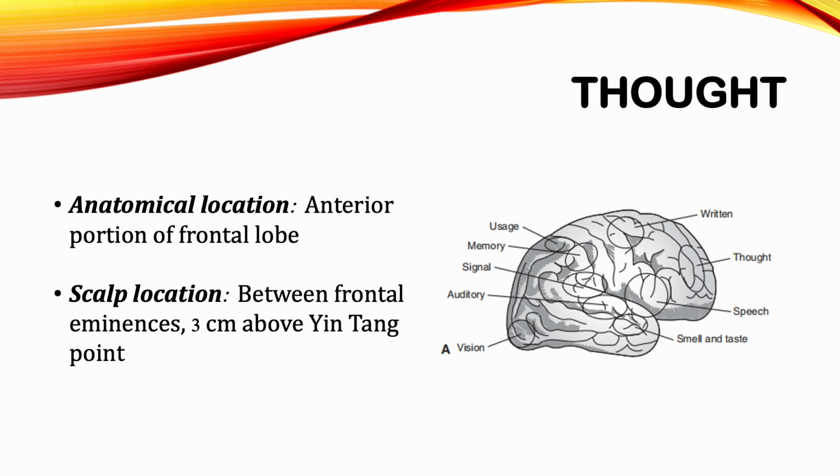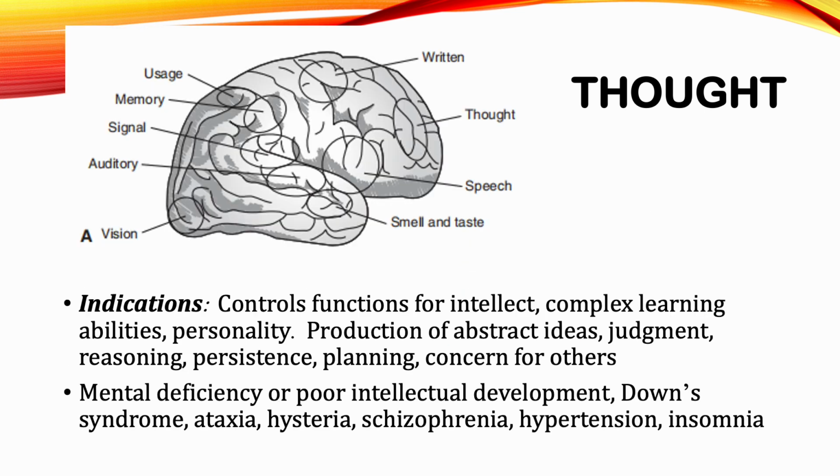The thought area. Anatomical location: at the anterior portion of the frontal lobe. Scalp location: between the frontal eminences, 3 centimeters above the yintang point. Indications: this area controls the functions for intellect, complex learning abilities, and personality.